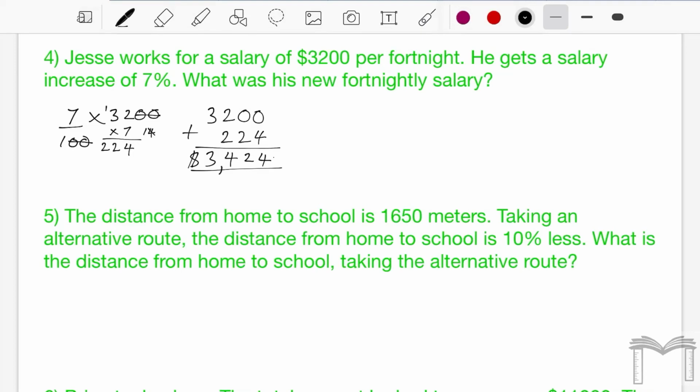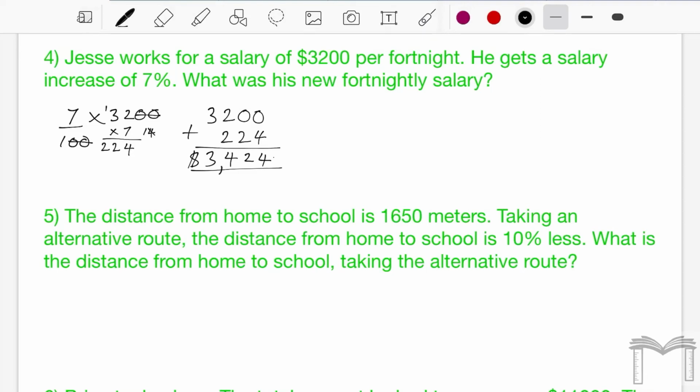Number 5. The distance from home to school is 1,650 meters. Taking an alternative route, the distance from home to school is 10% less. What is the distance from home to school, taking the alternative route?